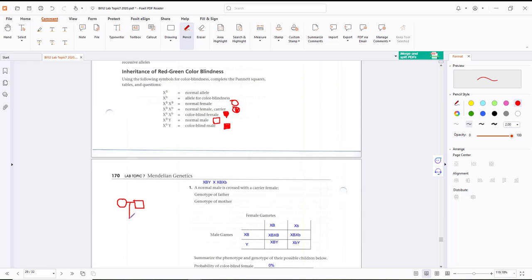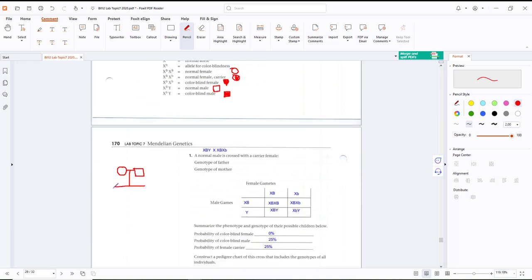A vertical line means they had children. Okay. And then let's say they had 4 children. Here's all the 4 possibilities. So we have a female, a male, and a male. Okay.